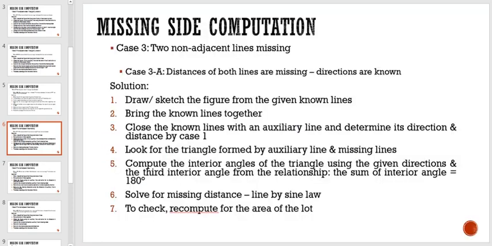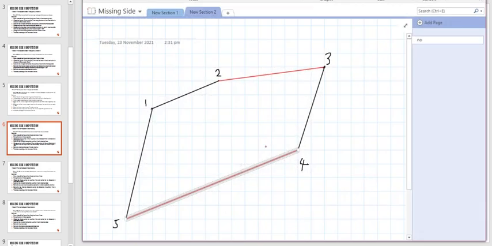So sa itong mga step solution, of course, you need to draw the sketch or the figure from the given lines. Okay, then bring the known lines together. So these are the known lines, bring them together daw.